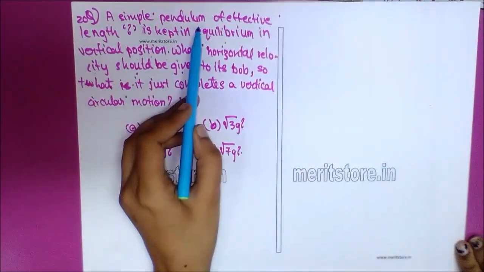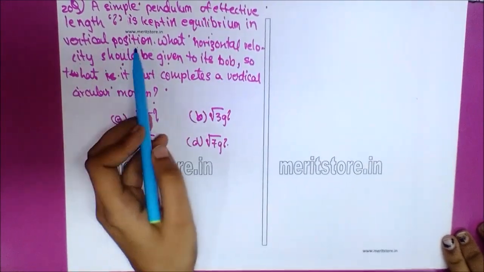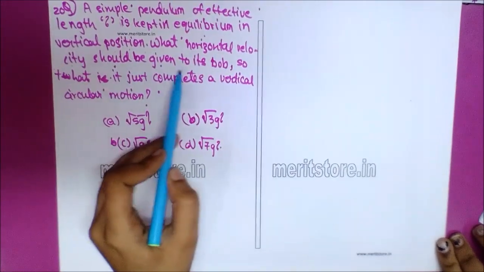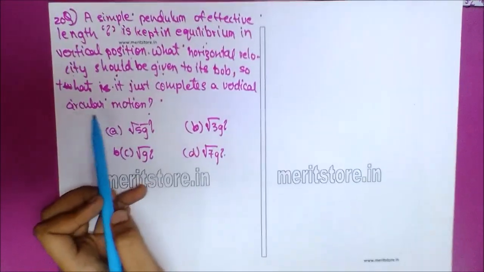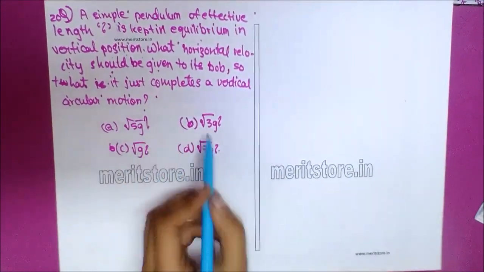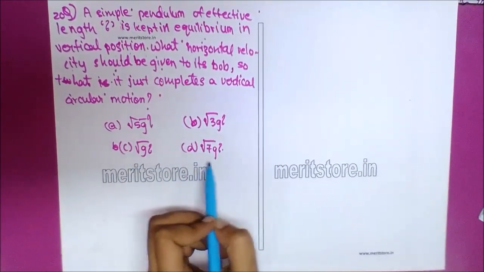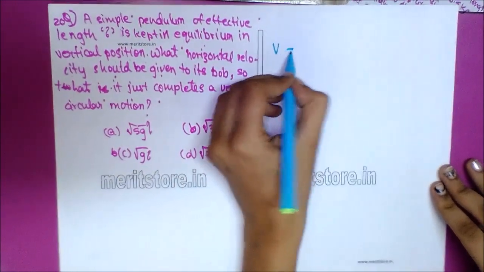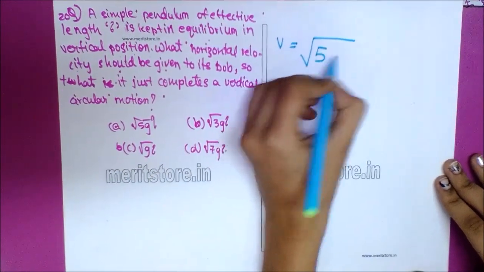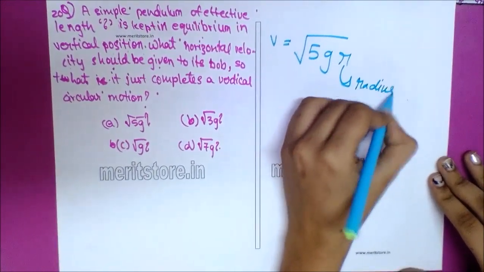Question 20. A simple pendulum of effective length L is kept in equilibrium in vertical position. What horizontal velocity should be given to its bob so that it just completes a vertical circular motion? A root 5gL, B root 3gL, C root gL, D root 7gL. We know that the minimum velocity is always root of 5gR, where R is the radius of the circle.